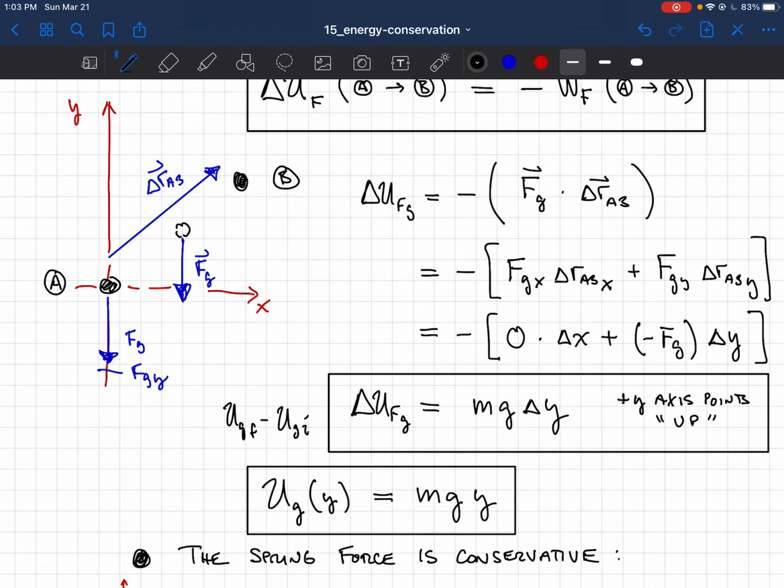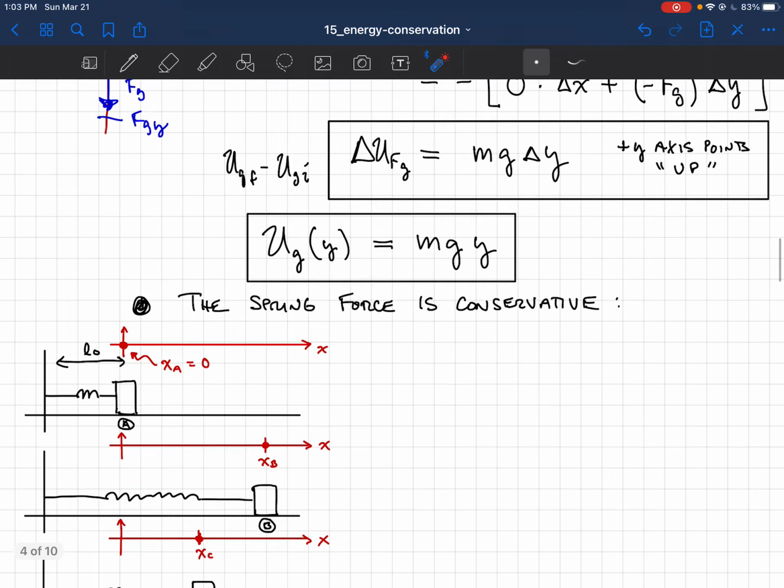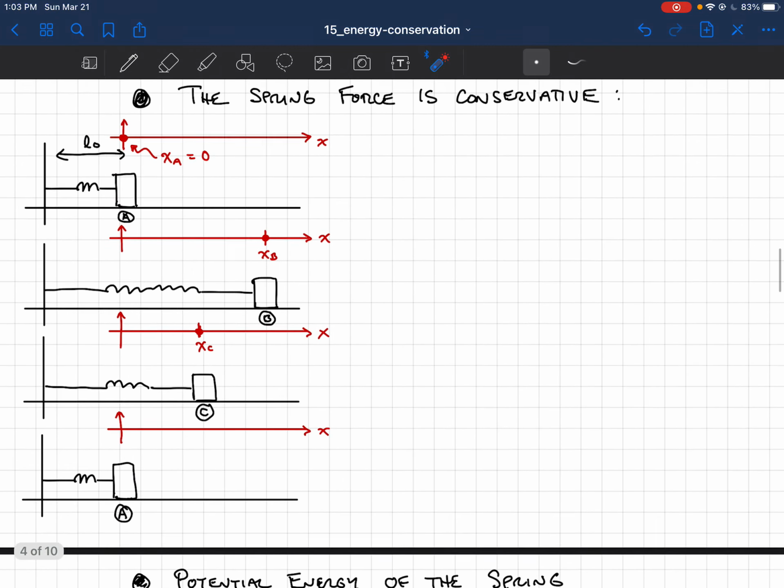So we could just say that at any moment in time, at any position, the potential energy has the equation mgy. And it'll turn out that it doesn't matter where you define the 0 position, and what that means is that you can place this coordinate system with the y-axis pointing upwards and the origin at any position. The origin can be anywhere. So that's our potential energy due to gravity.